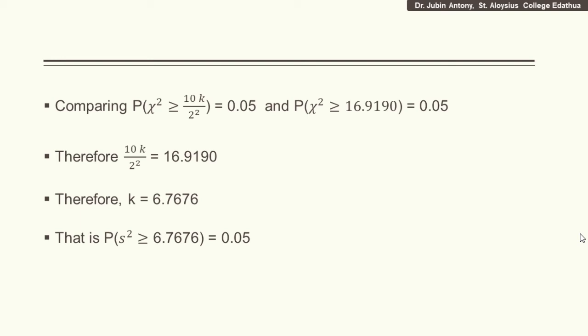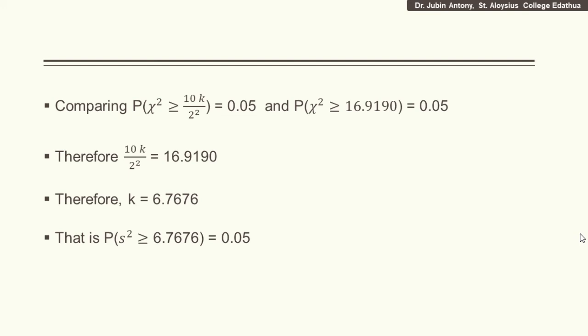Now, comparing probability of chi-square greater than or equal to 10k by 2 square equal to 0.05 and probability of chi-square greater than or equal to 16.9190 equal to 0.05, we get 10k by 2 square equal to 16.9190.